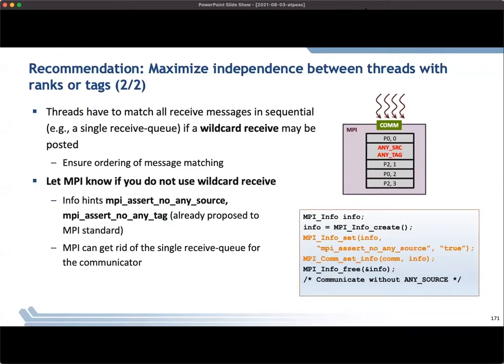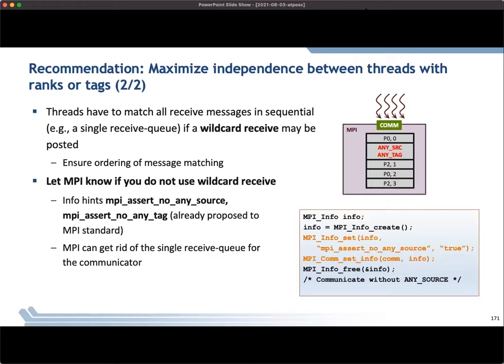Another thing is related to wildcard receive. When you do MPI receive, you can use MPI_ANY_SOURCE and MPI_ANY_TAG as the source and tag. The wildcard receive allows this receive operation to match with a send operation coming from any rank or with any tag. It's really convenient to use, but from the library perspective, it's really hard to optimize for multiple threading.